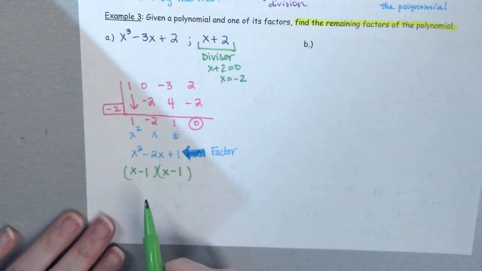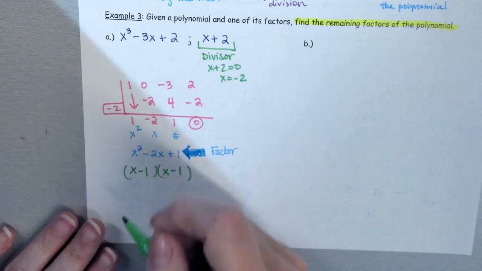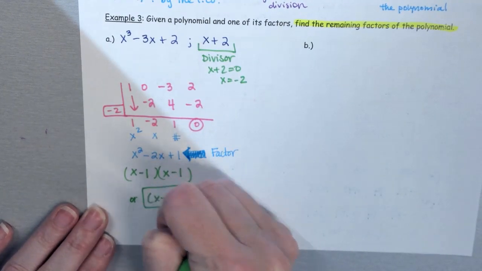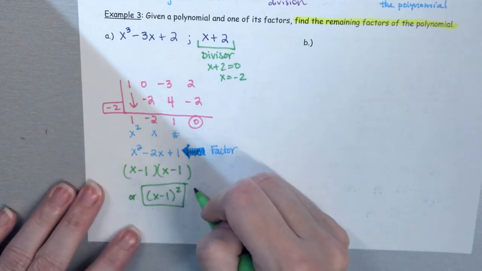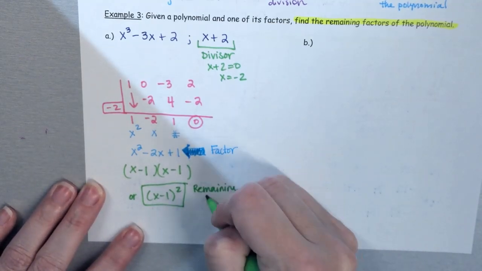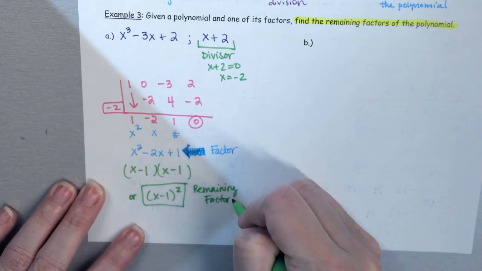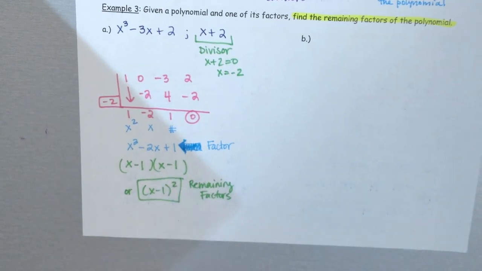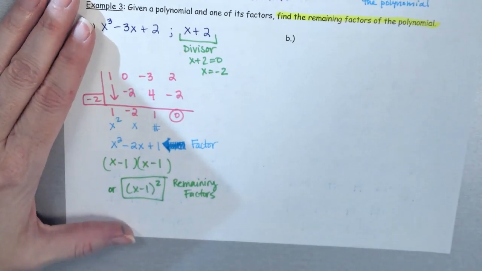So these are your remaining factors, x minus 1 and x minus 1, or you can write it as x minus 1 squared. I wanted to solve because that's something we do commonly, but this is just asking for the factors, and you can write it in either of those ways.